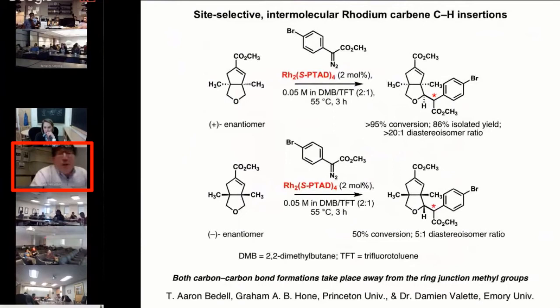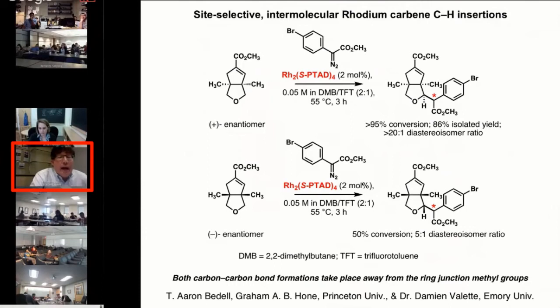So the structures on the left, we made them in racemic form, but by way of Lotus Separations technology, which operates out of the Department of Chemistry at Princeton, we could resolve the racemate, and we had access to both mirror image forms of the structures that you see on the left side. And we found with Damien Valette from Huw's lab, he was a very important contributor to this work.